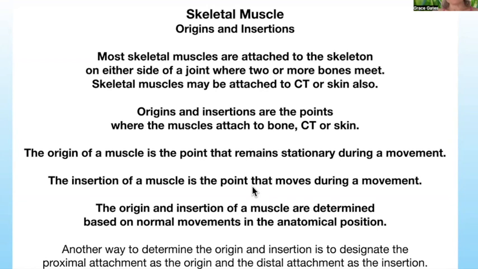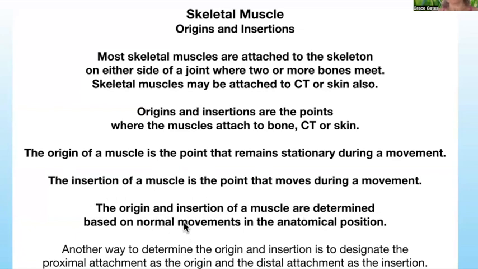How is it decided whether the point is remaining stationary or is the one that is moving? Well, normal movements in the anatomical position are looked at, and it is decided by that examination whether the point of attachment is either the origin that is remaining stationary or the insertion that is moving.